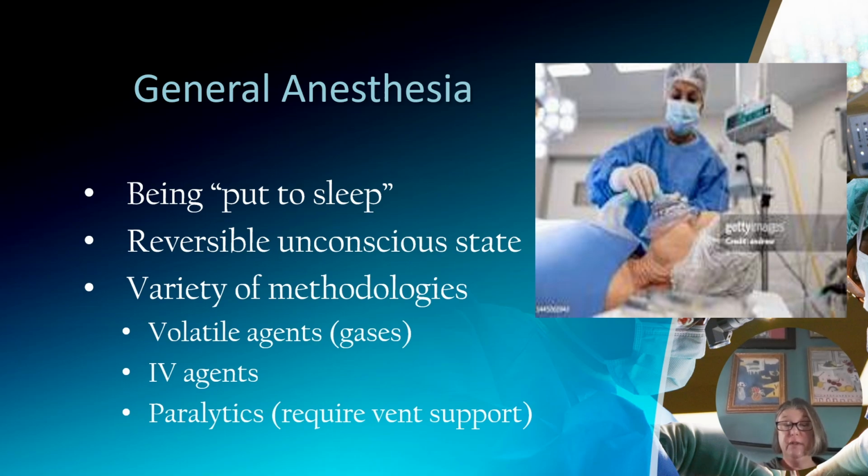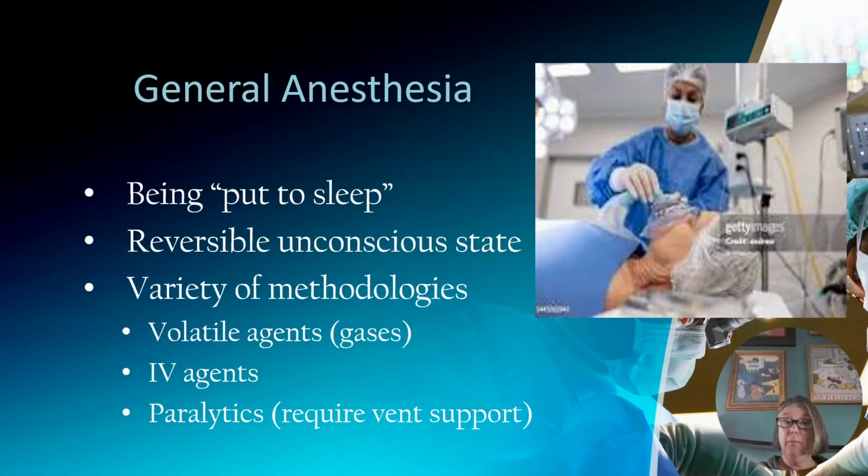The patient receiving a general anesthetic that includes the administration of a muscle relaxant requires ventilator support in the form of an ET tube. So that means if we use a muscle relaxant, you're going to need help maintaining your airway. So they are going to place an ET tube, and you're going to be vented.